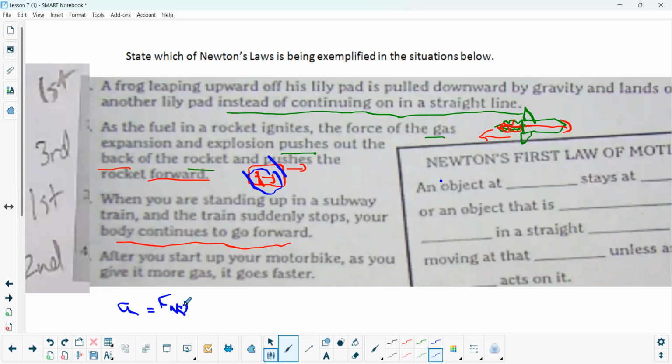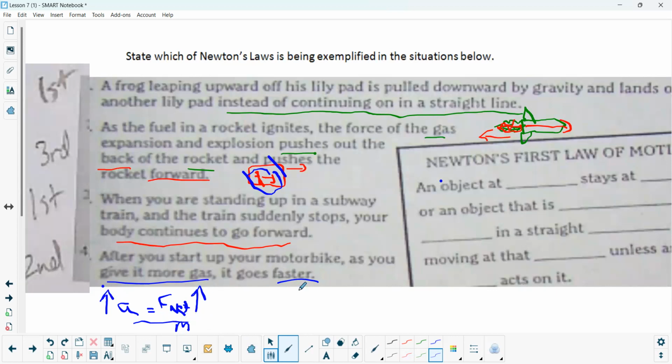If you are looking at the acceleration of the object changing in some way, that is going to be a second law. So as you give it more gas, imagine a motorcycle, you're increasing the force acting on that motorcycle. And when that happens, it goes faster. So if the net force increases, the acceleration is also going to increase. It also could be something with the mass.